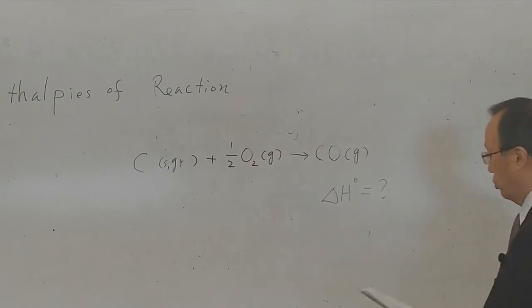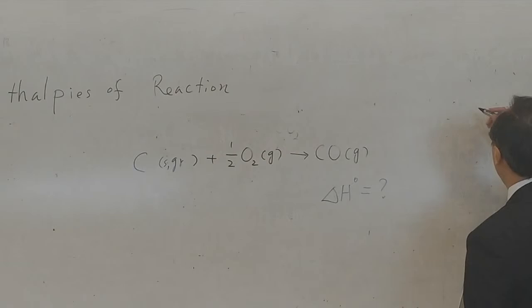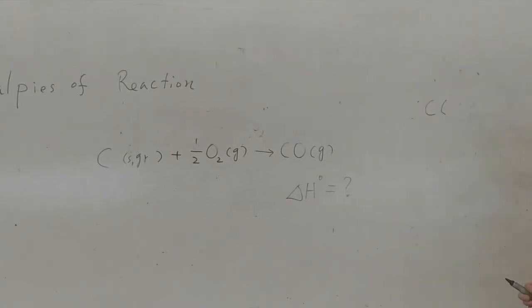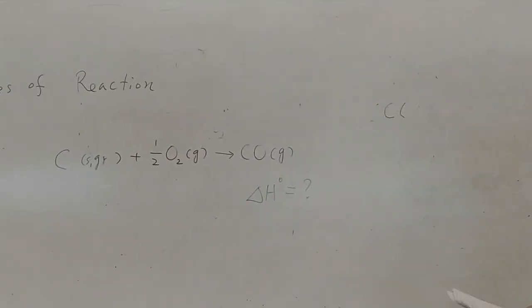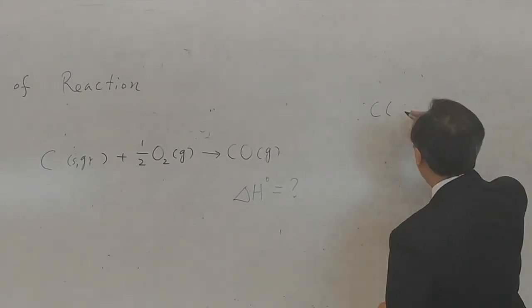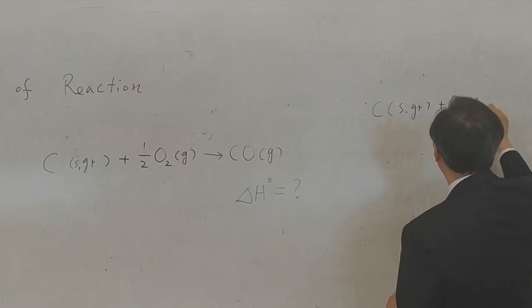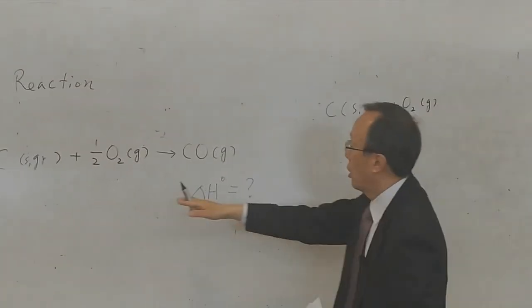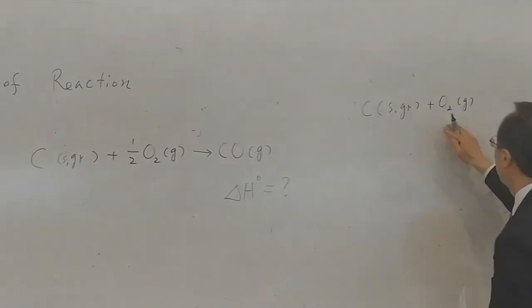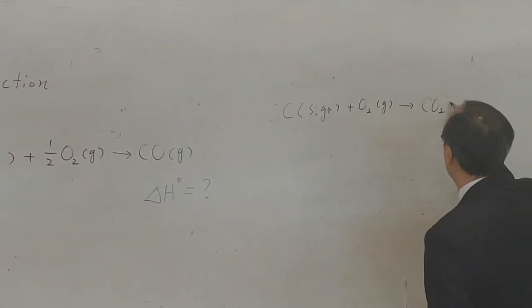So in this case, we usually use a combination of two or more equations added together. Instead of half O2, we put O2, and this goes directly to CO2.